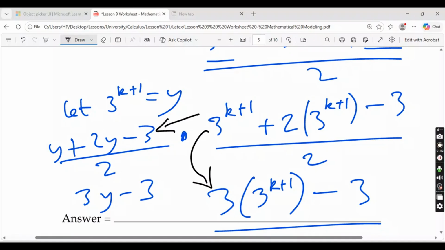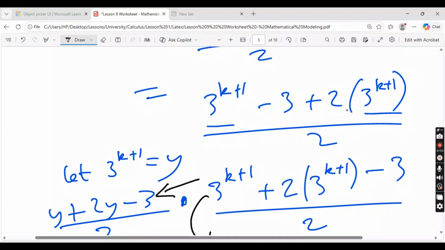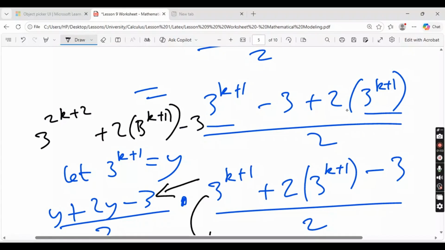So this is how they will trick you a bit. You'll be thinking this is not a quadratic, or sometimes it would be like a quadratic as well. In a similar scenario, you would have 3 to the power 2k plus 2 plus 2 times 3 to the power k plus 1 minus 3. Then you'll be thinking, how do I find this?